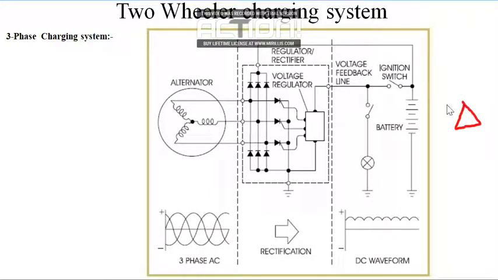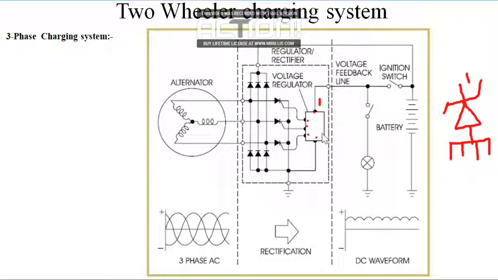This is a Zener diode. One leg is connected here at point 1, and the other leg has four outputs. These four outputs connect to four positions: position 1, 2, 3 and 4, or A, B, C, D.